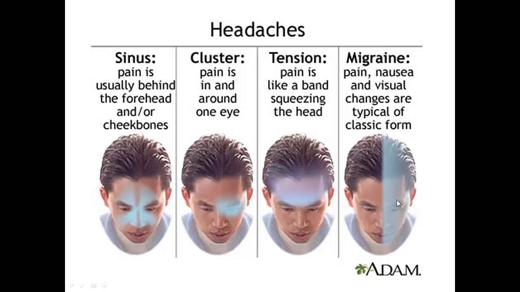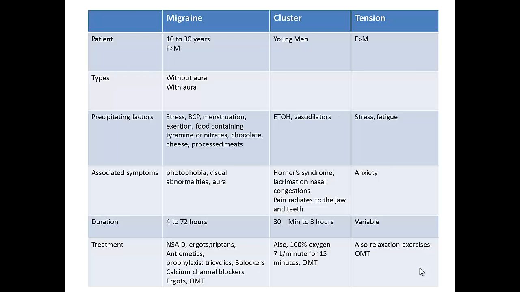And a migraine is also usually on one side and usually associated with, say, some nausea and vomiting or some tearing. It's usually always the same type of headache. Now, this chart classifies some of the differences between migraine, cluster, and tension headache.